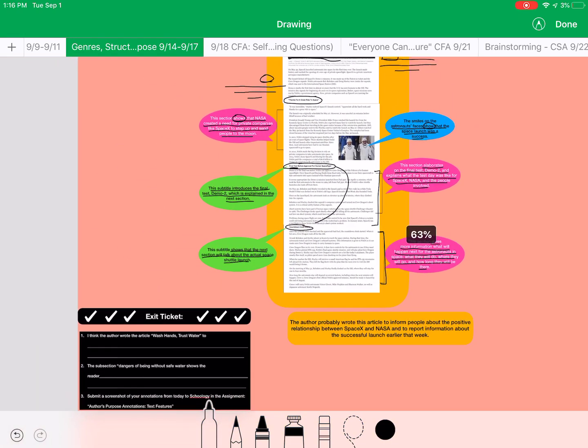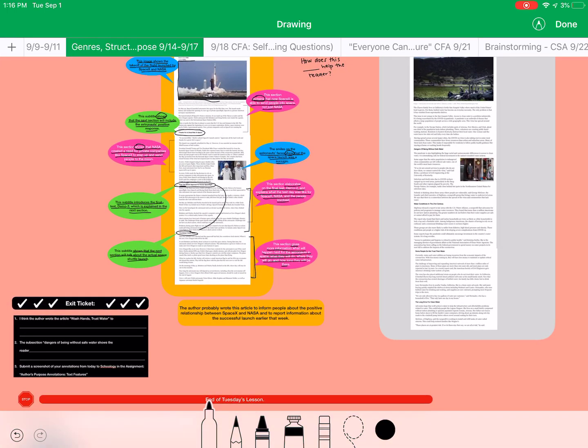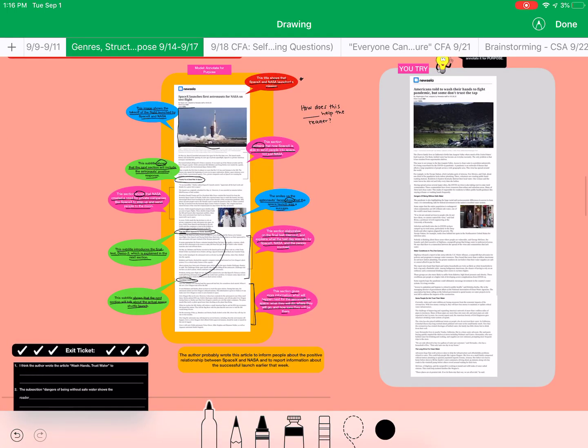So when I look at the reason for all of these text features and the order in which the author introduced them, I see that much of the details are helping the reader understand something. The author is explaining, or the author is showing that it was a success.